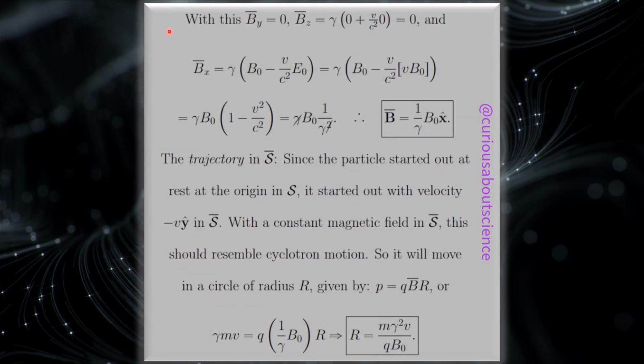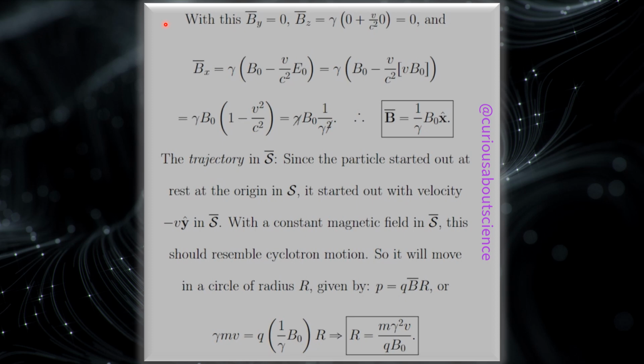All right, so with B bar y equals 0 and B bar z equal to gamma times 0 plus v over C squared times 0 equaling 0, we can focus our efforts on B bar z, which is equal to gamma times B naught minus v over C squared E naught. Let that run through. The condition on E naught tells us that it has to be equal to v B naught.